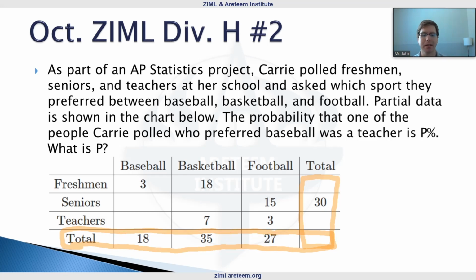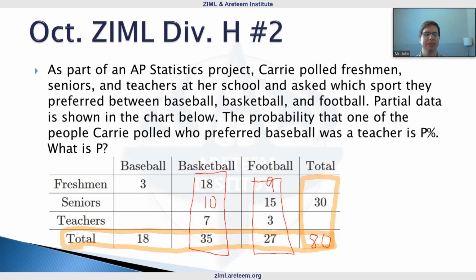So that means there are 80 people in total. And we can start filling in all the missing information this way. Basketball needs to add up to 35. So 18 and 7 is 25. We're missing 10. Same thing for football. We have 15 and 3, so that's 18. We're missing 9. So we have 9 people who must like football in this case.